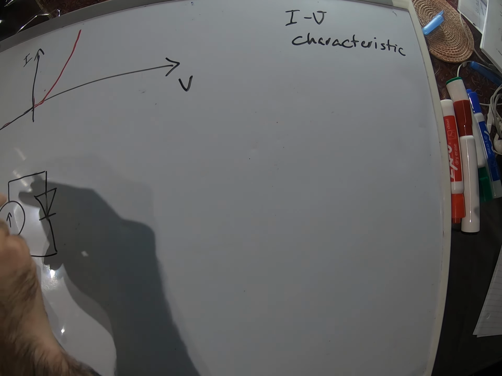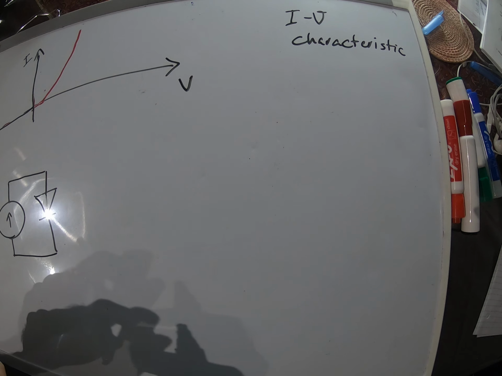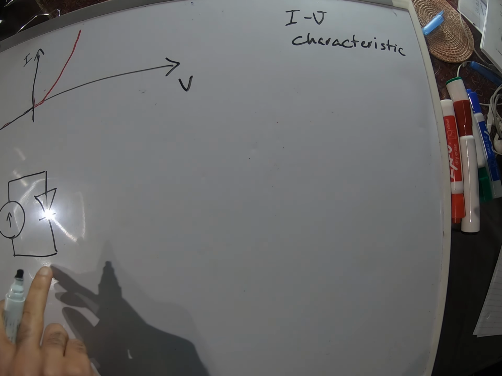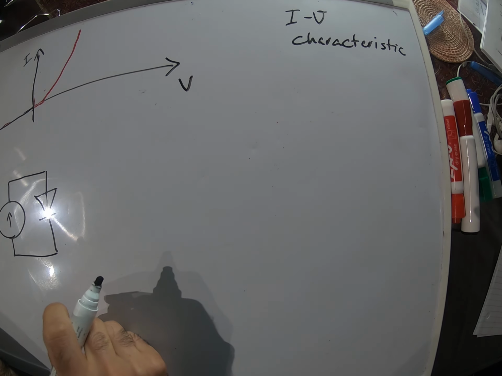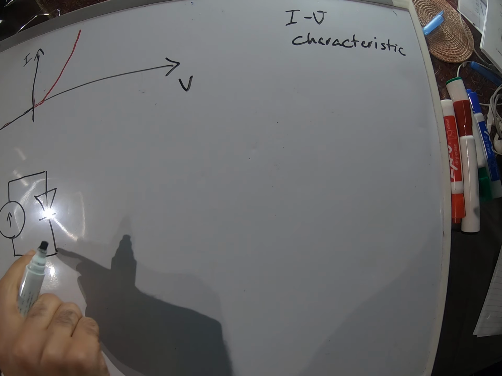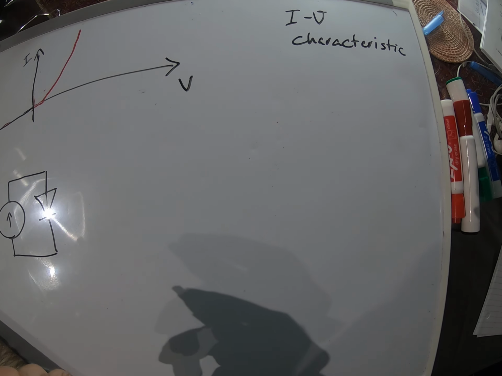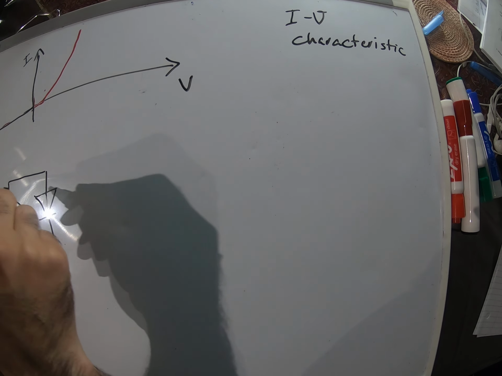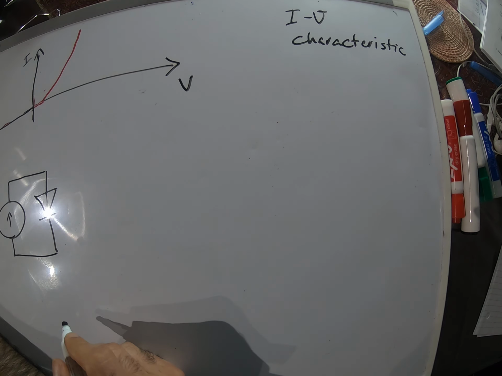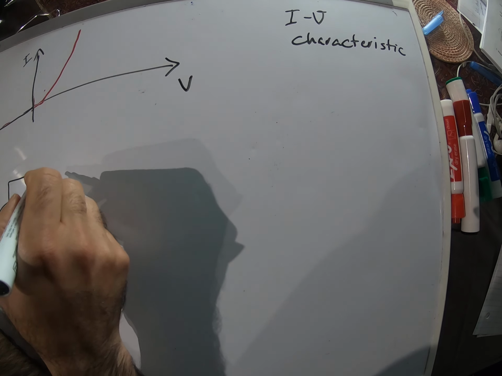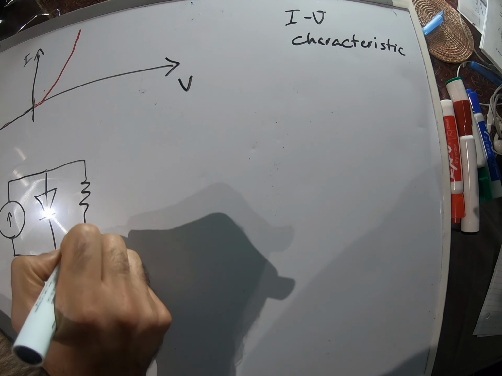This is basically creating couples of holes and electrons, and it goes through our solar cell, and this is basically a more realistic model of a solar cell. And we would have a load here.